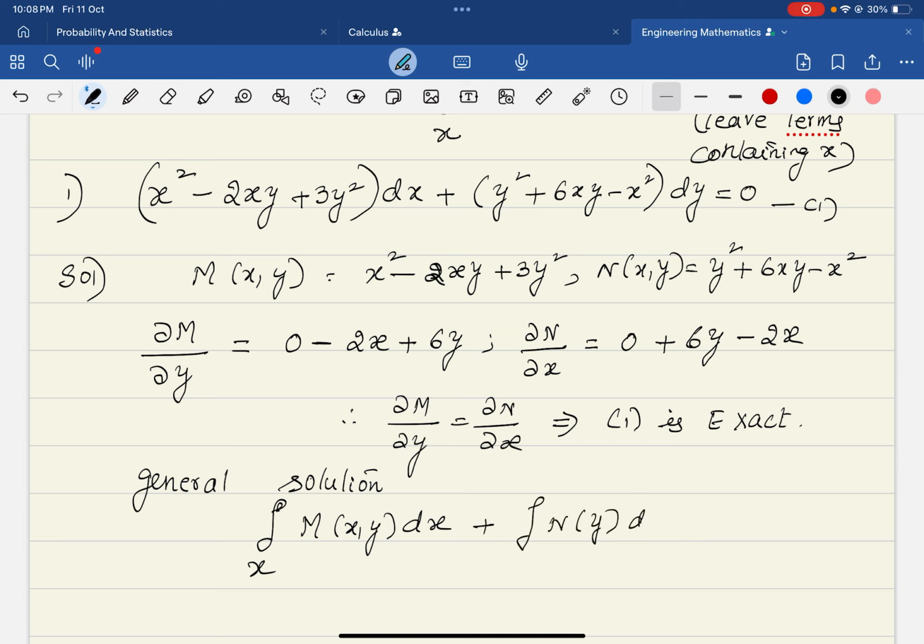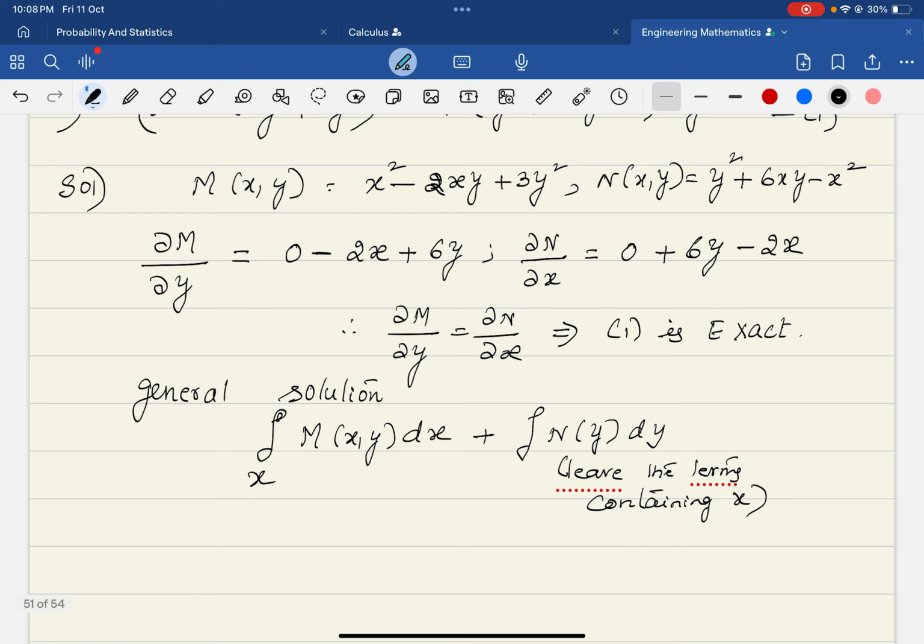So here what I told, leave the terms containing x, wherever you get. You have to remove those x terms, only the y terms you should consider. So now in M of x comma y, what is the function here?